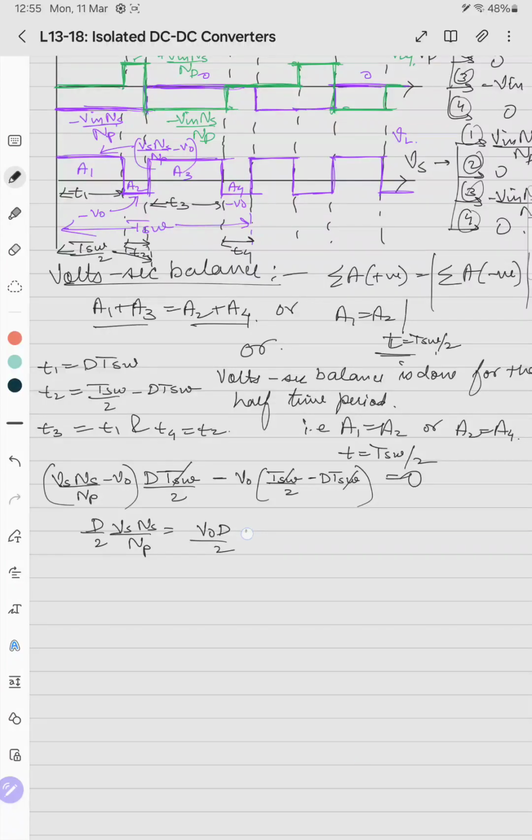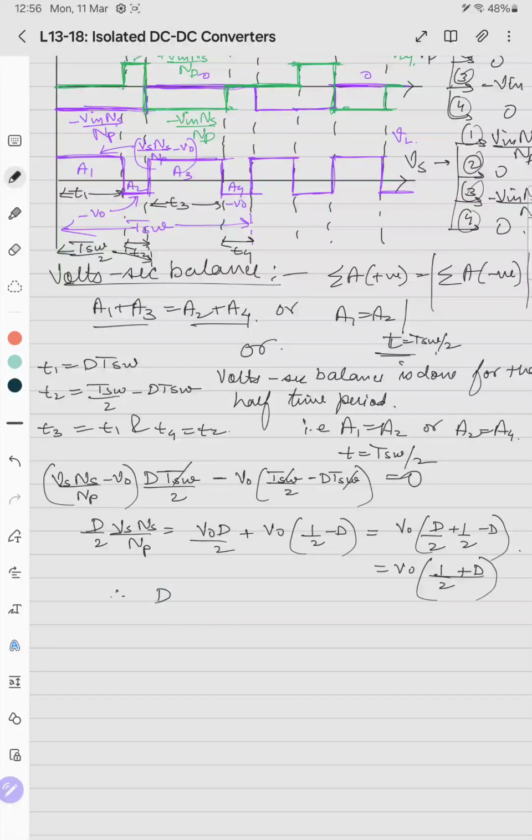So it will be plus V0 into, T switching is gone, so it will be half minus D. So which will be V0 into D by 2 plus half minus D. V0 into D by 2 plus V0 into half minus D. So it will be V0 into half plus D by 2, or 1 plus D by 2.